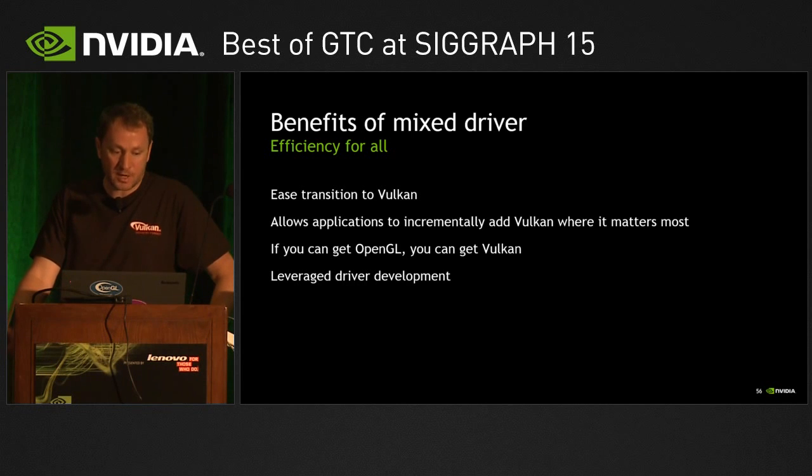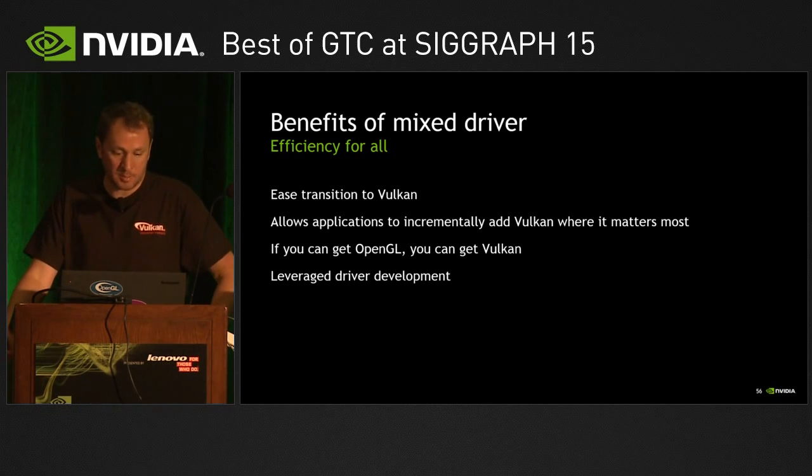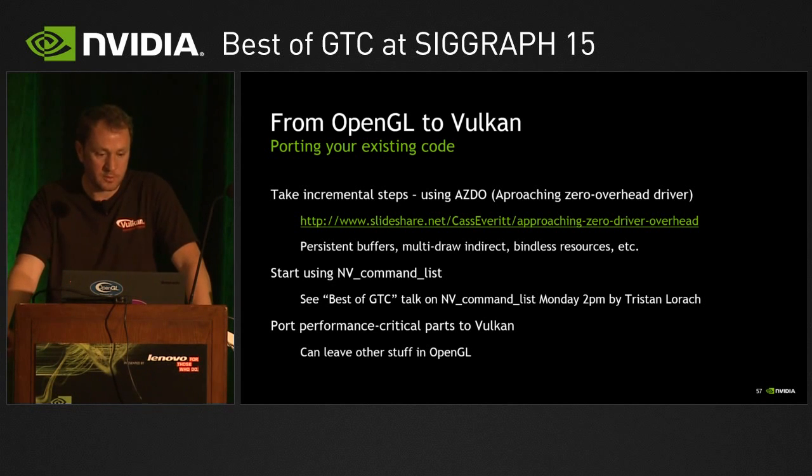So, benefits of a mixed driver. It makes it easier to transition to Vulkan. You can incrementally change your OpenGL app, for example, if you have a big existing app. You can incrementally add Vulkan to it. And CAD Scene is an example of that. So here are some things you can do with your existing legacy OpenGL code if you want to move to Vulkan and be more Vulkan friendly; you can take incremental steps.